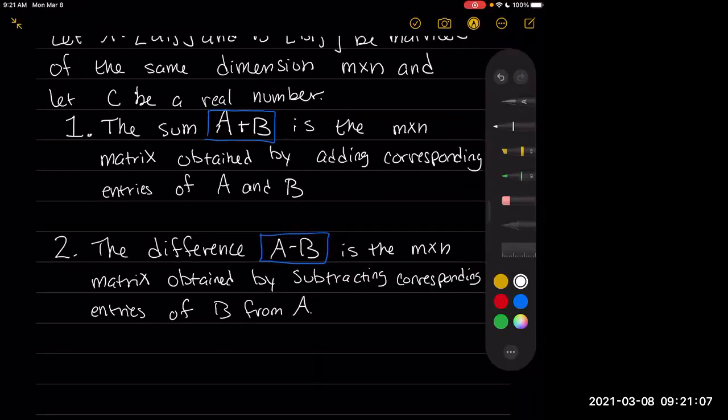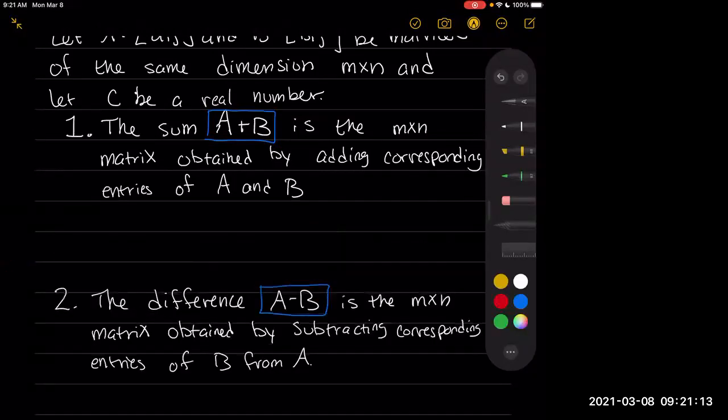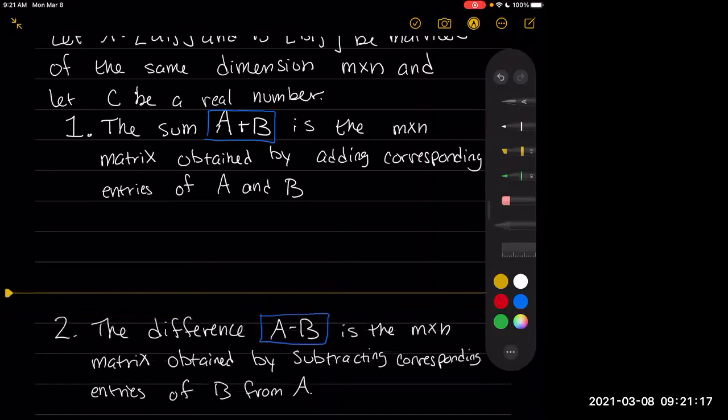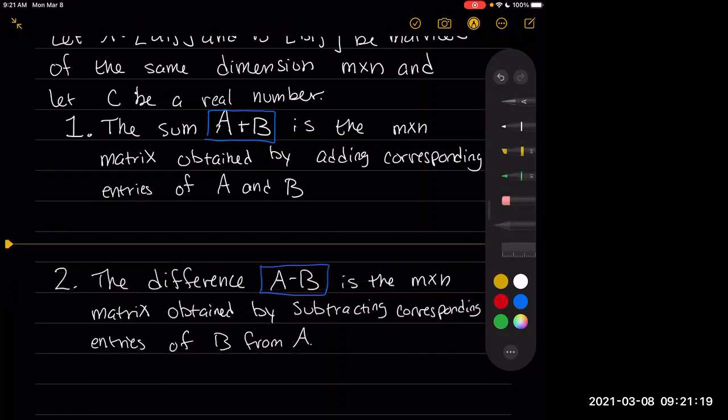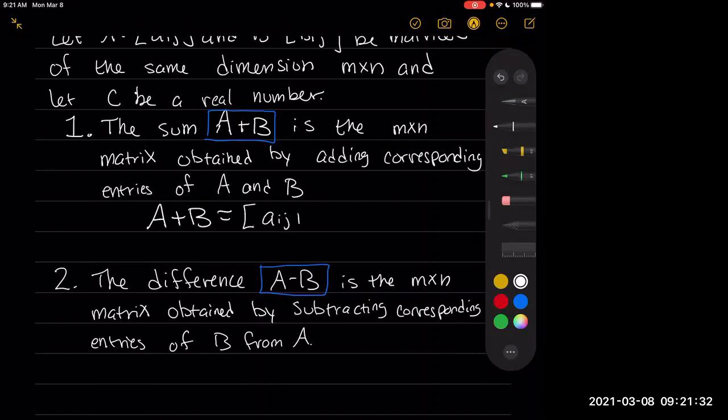So, whoops, something I forgot to do up here was to write what the actual sum looks like for addition. So for addition, we'll have A plus B equals the matrix of Aij plus Bij.